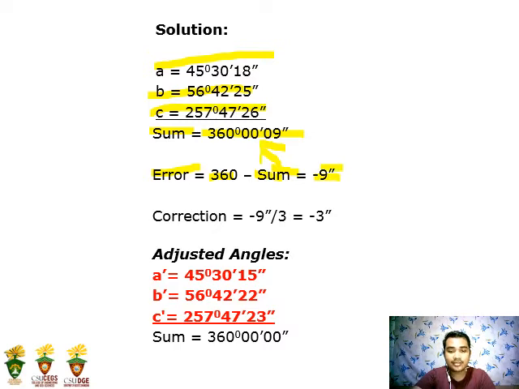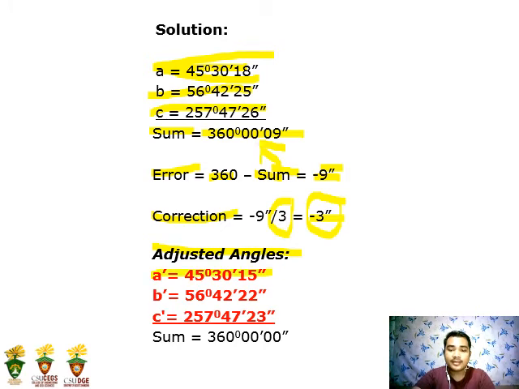To get the correction, again, we just divide by how many angles. Since there are 3 angles in the station, negative 9 seconds divided by 3 gives us negative 3 seconds. To get the adjusted angles, from angle A, which is 45, 30, 18, we subtract 3 seconds, so the adjusted angle of A is 45, 30, 15.